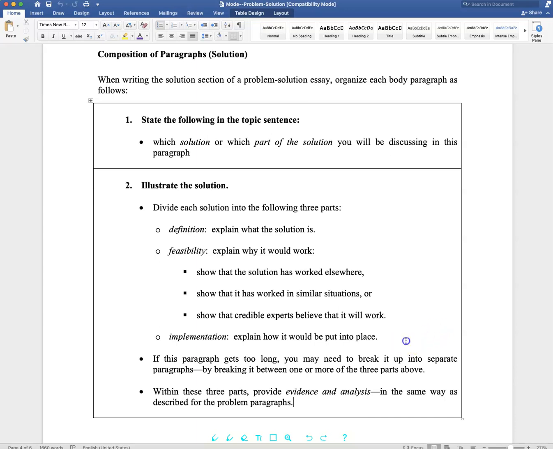And your evidence should come from your sources, your research. So if you're going to present 2 pieces of evidence, that means at least 2 citations of sources in each paragraph. And like I said, for a solution paragraph, that would tend to be on the skimpy or thinner side, since you're covering all of these things. But this is how you would put together a solution paragraph. And then the next video, we'll look at some good and bad examples of solution paragraphs.